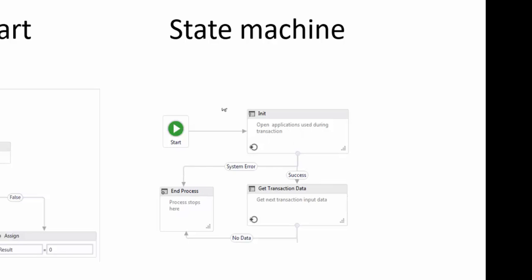If the variable is success, then the process goes to the one called get transaction data. And if the variable says system error, it goes to end process. So the state machine will understand the states of the process and then go to the following one depending on them.